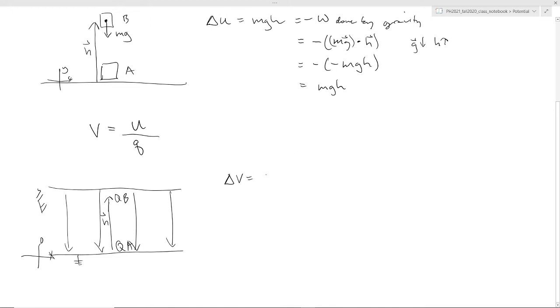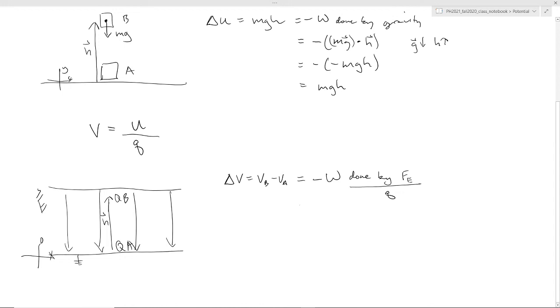It would be the potential at B minus the potential at A. That's going to be equal to the negative work done by the electric force per unit charge.